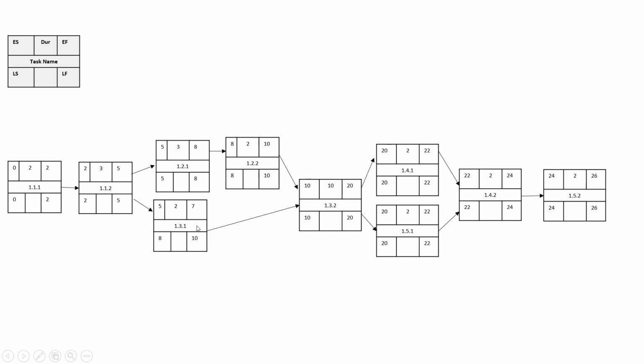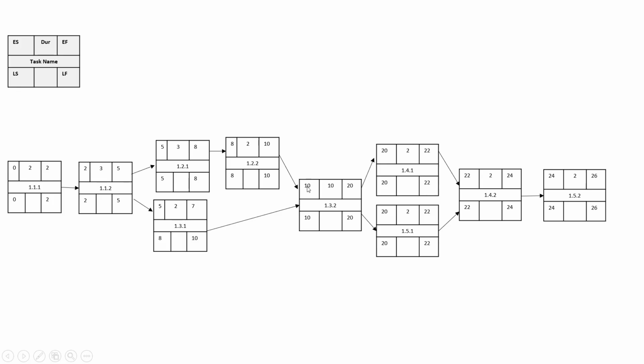But the early finish for 1.2.2 is 10 days, and the early finish for 1.3.1 is 7 days. So it's not the same. We've got 10 days and 7 days. You have to take the duration that is the longest out of your previous tasks that lead to this next task. So that's why we took the 10.